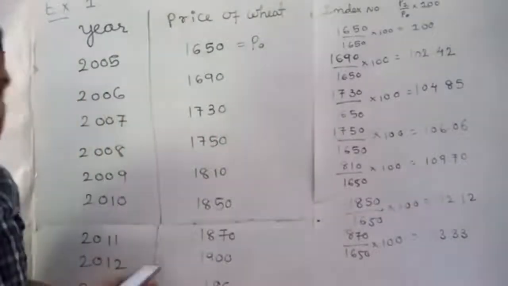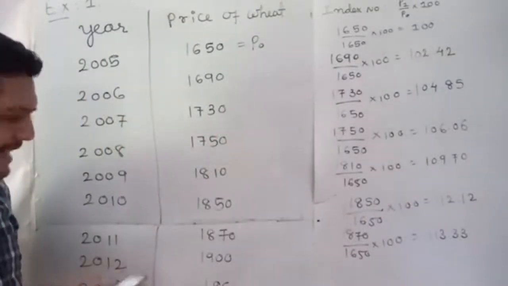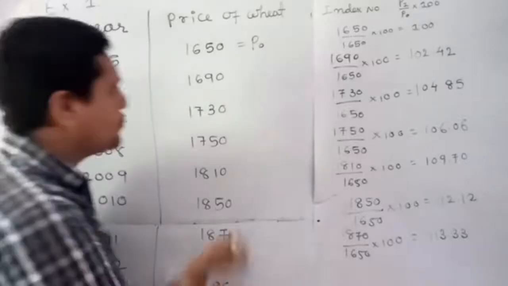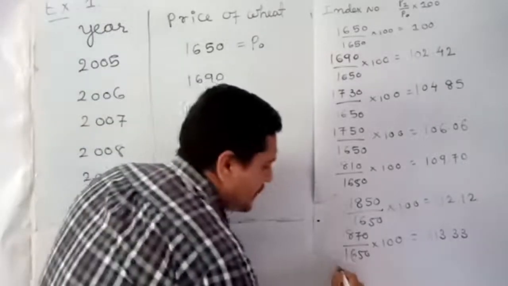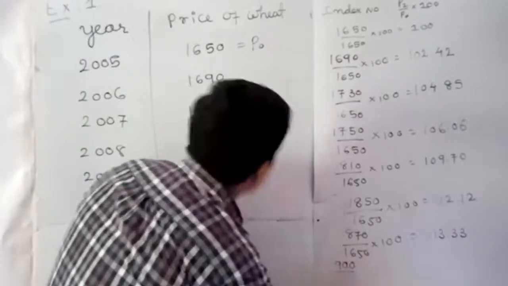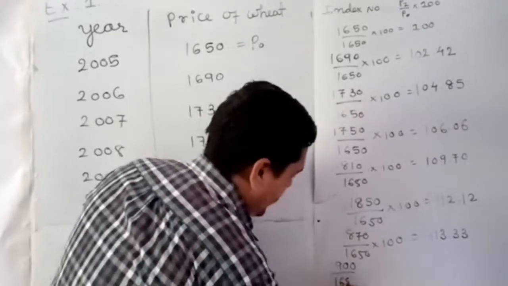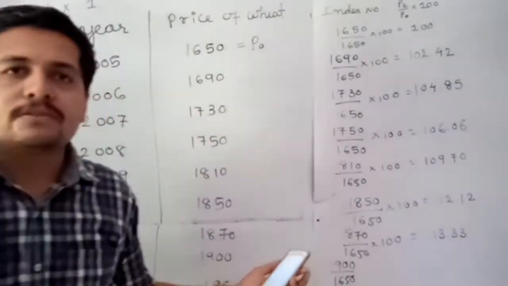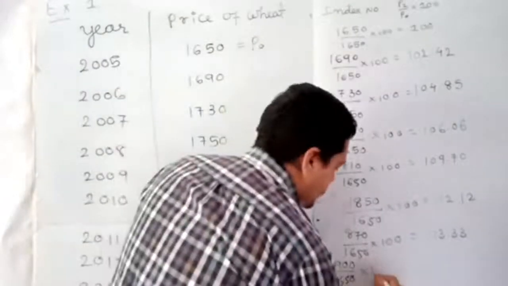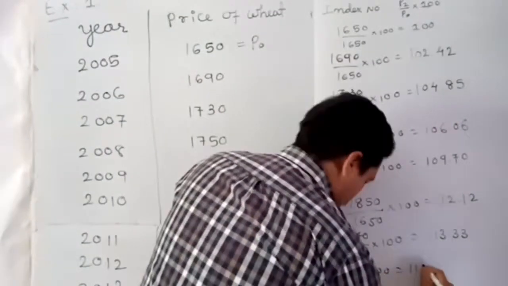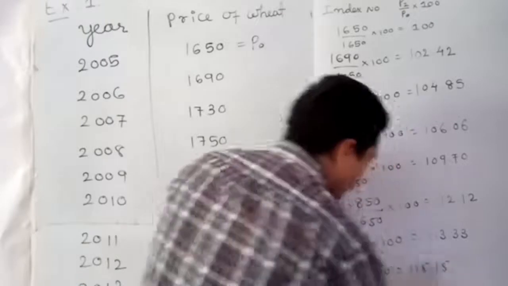By the same method, the price index for 2012 and 2013. We have to take the ratio of 1900 divided by 1650 into 100, and we get the answer 115.50.